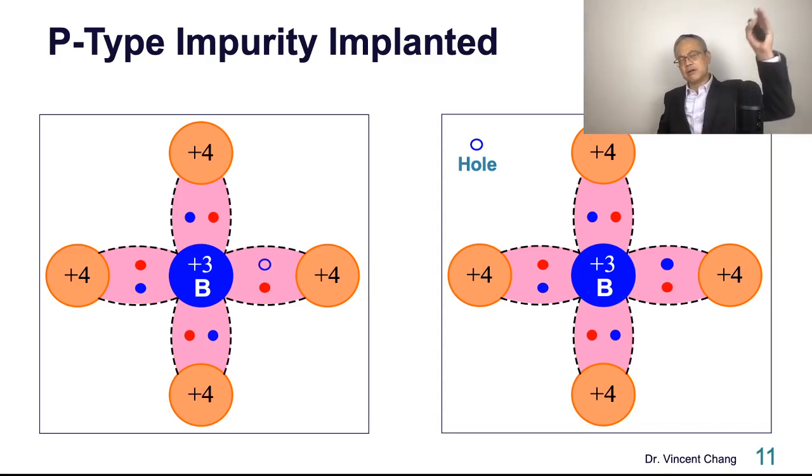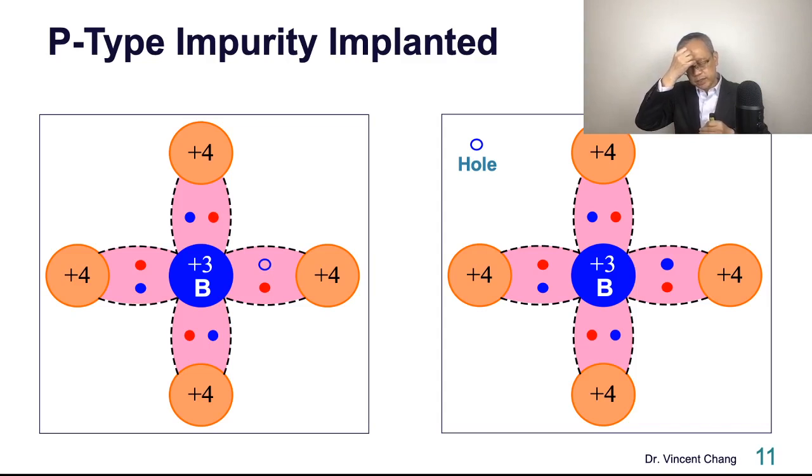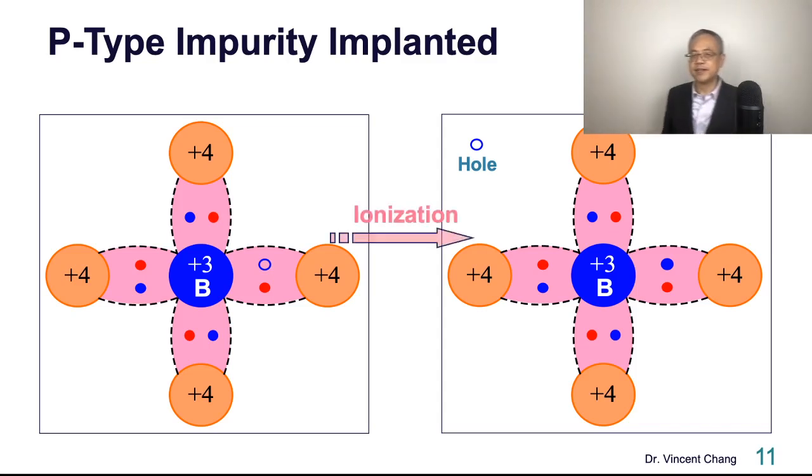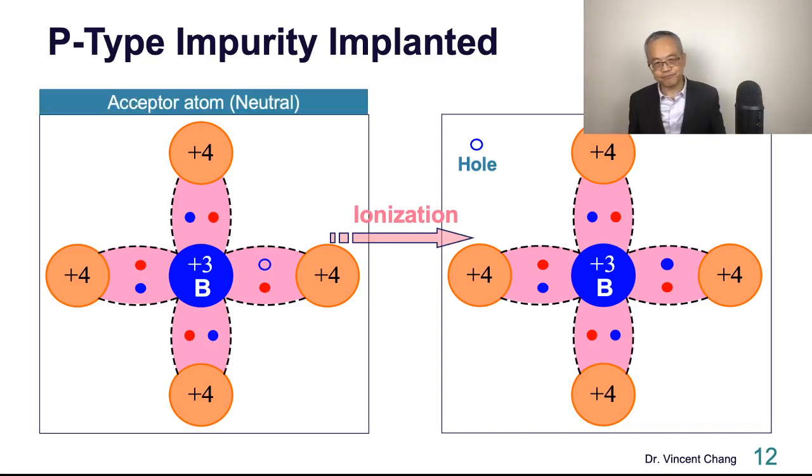So the N-type is called donor, and P-type is also called donor. They get confused. In semiconductors, we always sit in the perspective of an electron. If you donate an electron, it's called donor. But if you donate a hole, it's called acceptor, because it accepts an electron.